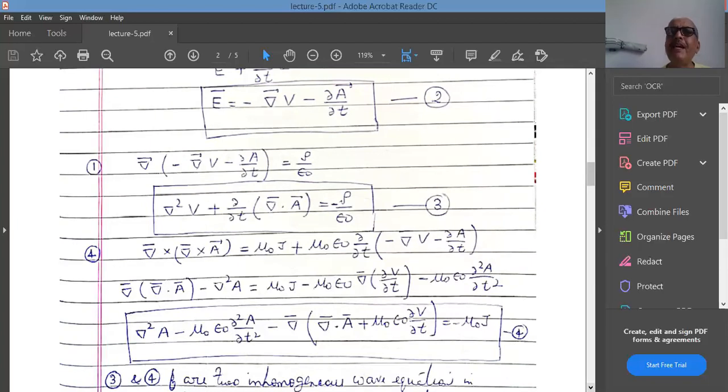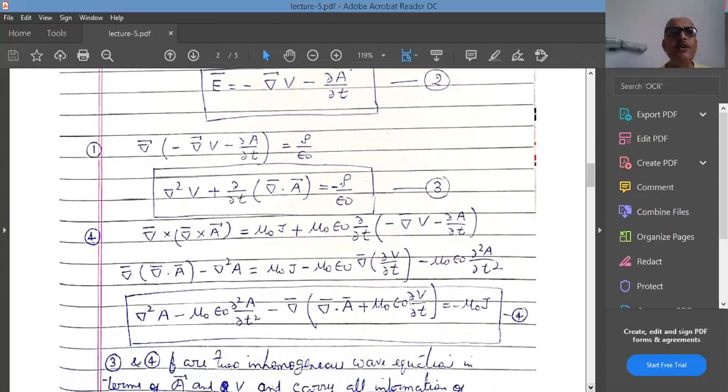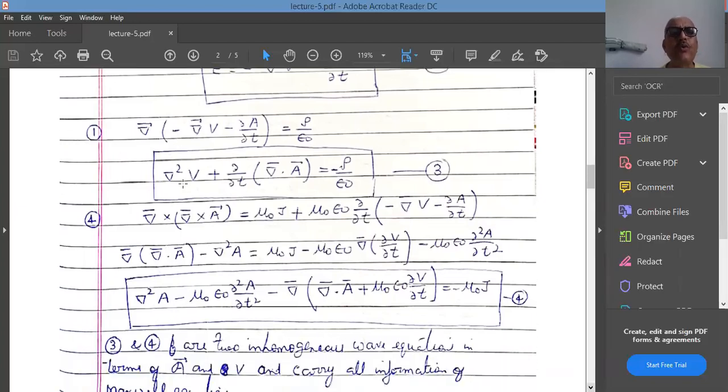And then we have made use of the other two equations, the first and the last, that means the fourth, to generate two more equations, one for phi and the other for A. Although they are not purely for phi and A, you can see yourself that they are mixed. In the third equation we have A here, and in the second equation also we have phi here, so they are interrelated.